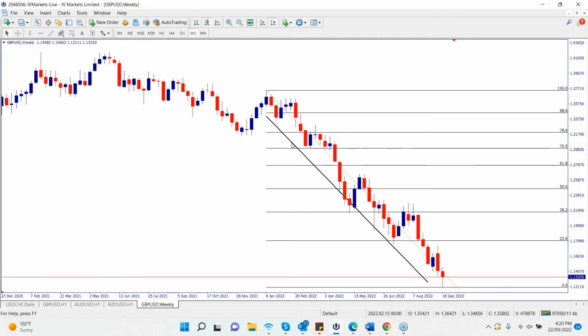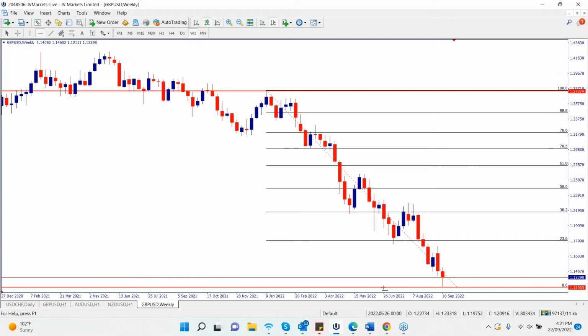Simply, you have to mark these levels. Mark these 23, 38, 58, 61, 70, 78, and 88 levels. But first, you have to mark the high of the impulse and the low of the impulse. Okay, so these are the major support and resistance area.